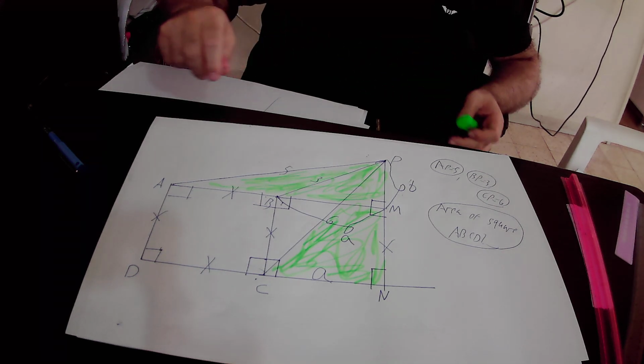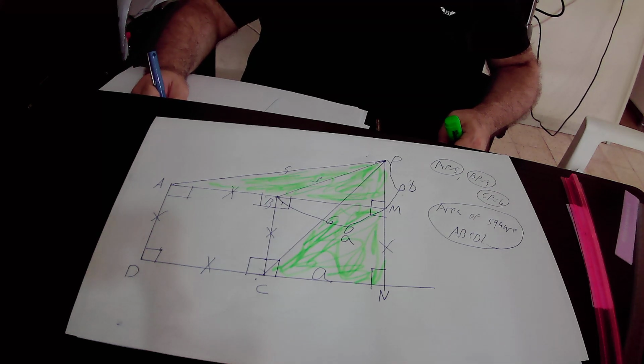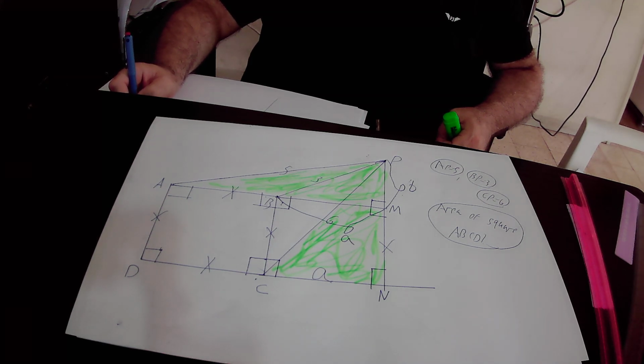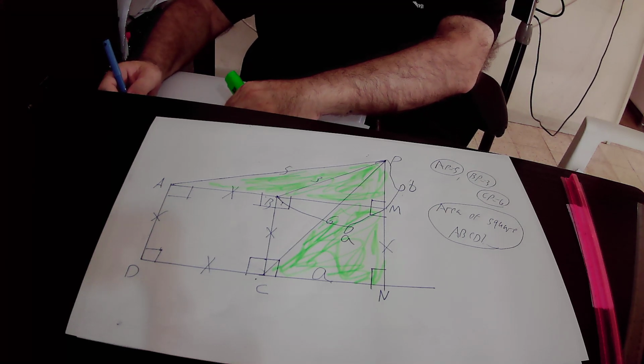So in the right green triangle, triangle PCN, by the relation for Pythagoras theorem, the square of the hypotenuse equals the sum of the squares of the perpendiculars.